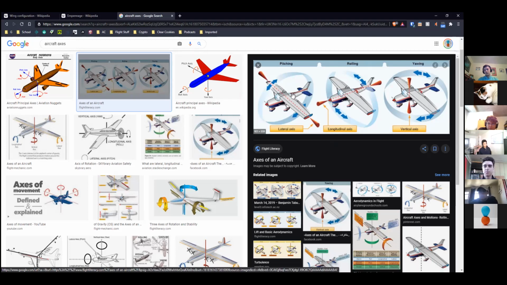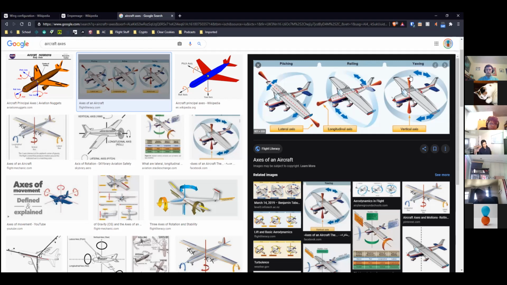The angles we use to define which way you're facing are your pitch, which is the pitching rotation, your bank, which is if you're rolling, you're changing your bank angle, and your slip angle, or I think beta, for rotating about the vertical axis.